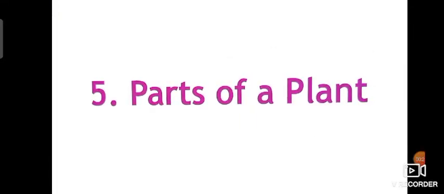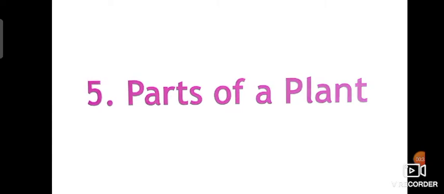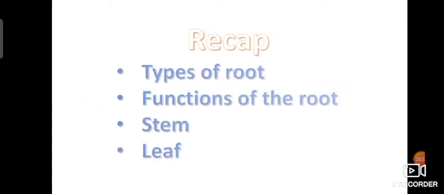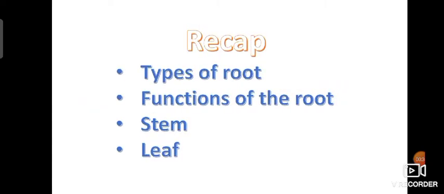In the previous video, we have learnt about the types of root, the functions of the root, stem and its functions, leaf and its functions. Now in this video we are going to learn about the flower and the seeds.